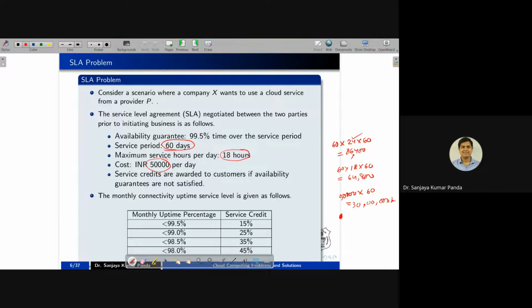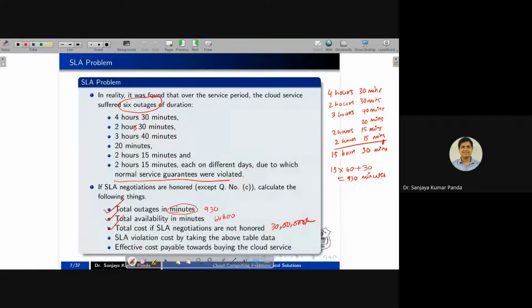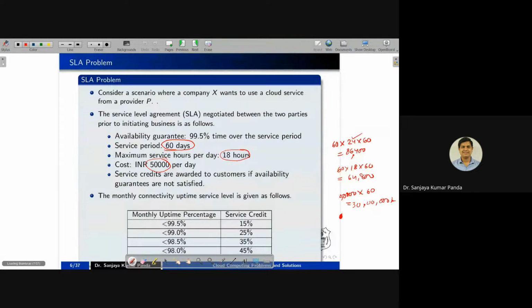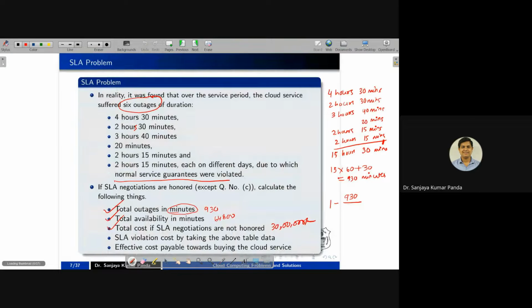So what is the outage time here? Outage time you have mentioned is 930. So I can write 1 minus 930 divided by the maximum service hours over the 60-day period, which is 64,800.